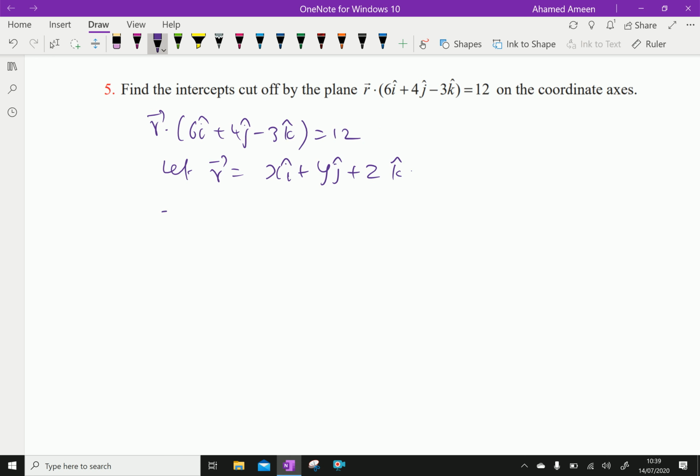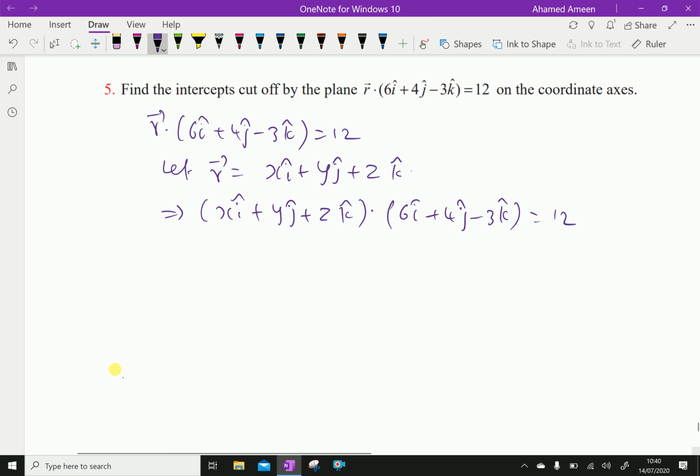Now r vector, that is xi plus yj plus zk, dot product with 6i plus 4j minus 3k equals 12. Therefore by the dot product, i dot i is 1, j dot j is 1, k dot k is 1.